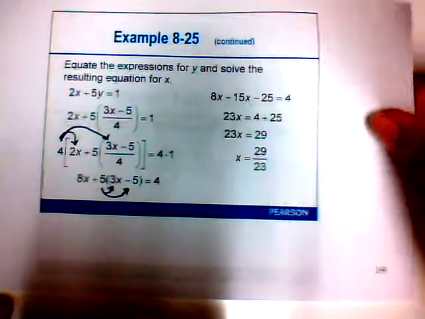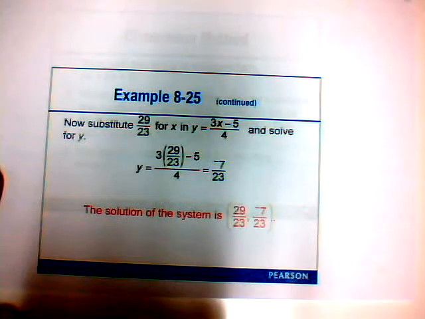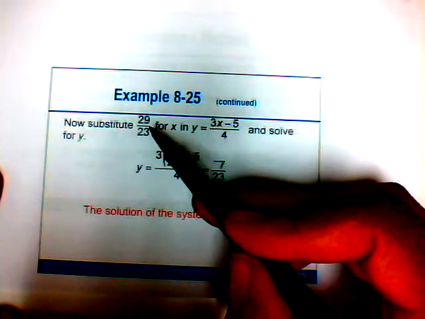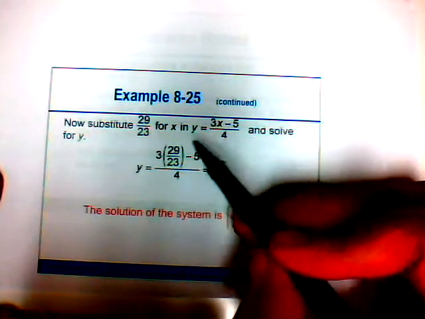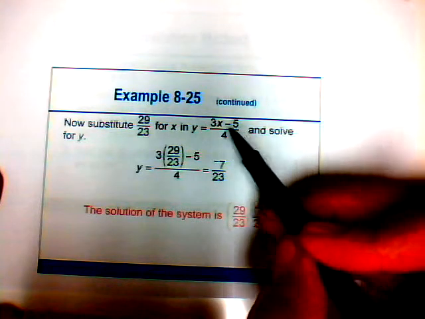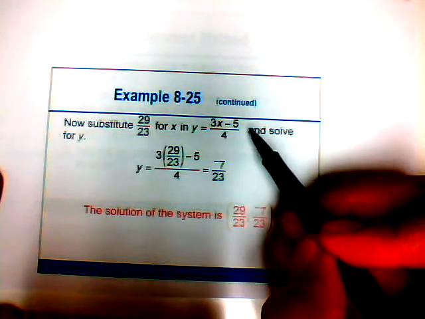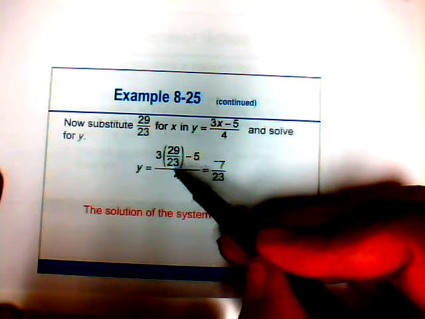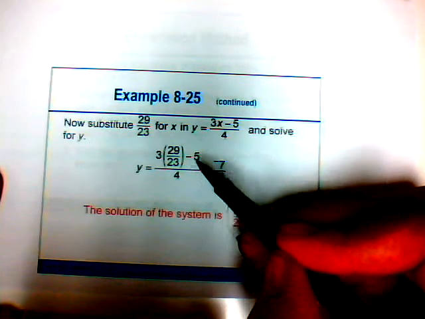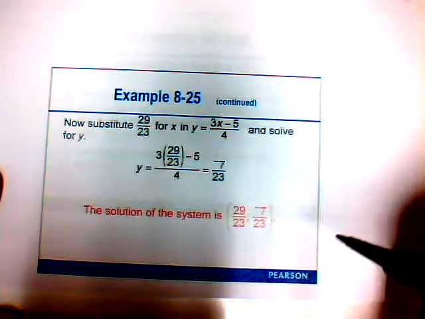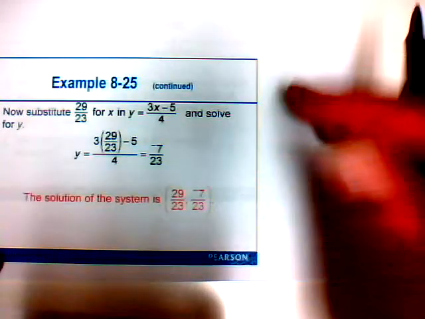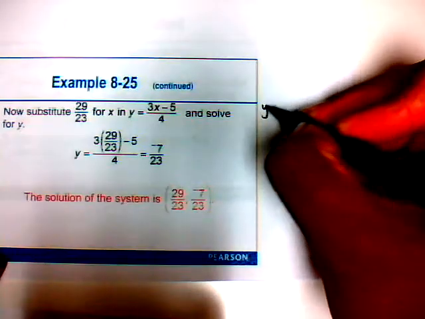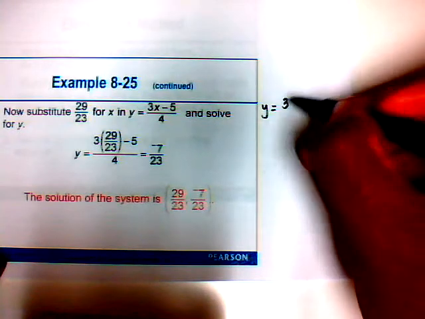Now we want to find out what y is. And you're going to do that by substituting 29 over 23 into y is equal to 3x minus 5 all over 4. And then you're going to find out what y is. So here you got 3 times 29 over 23 minus 5 all over 4. And it would be easier if I did this to show you how it's done.